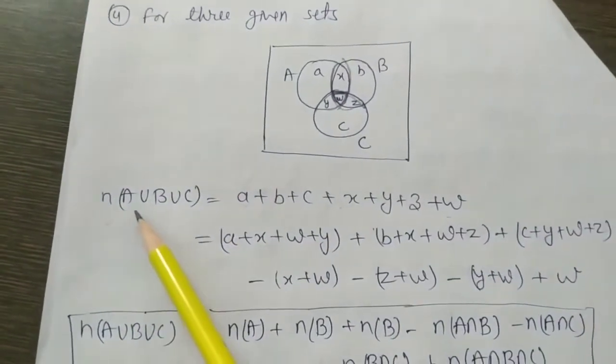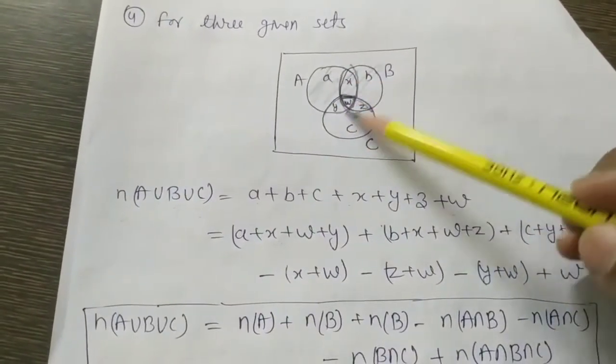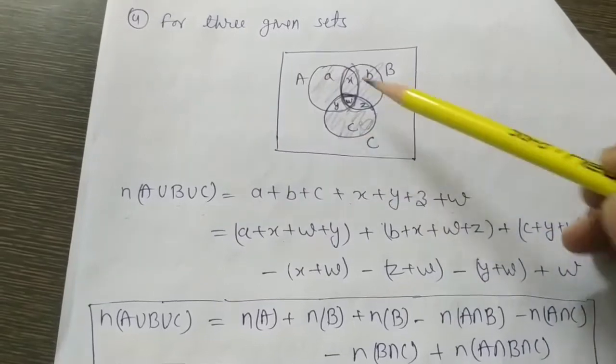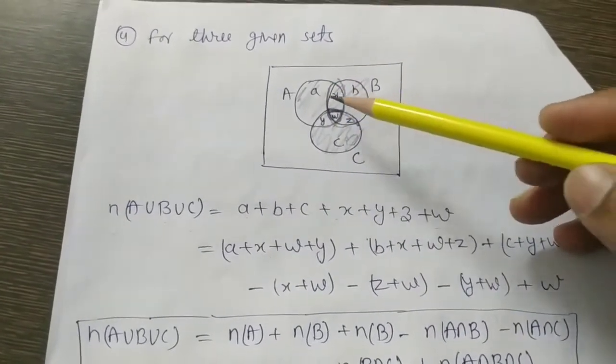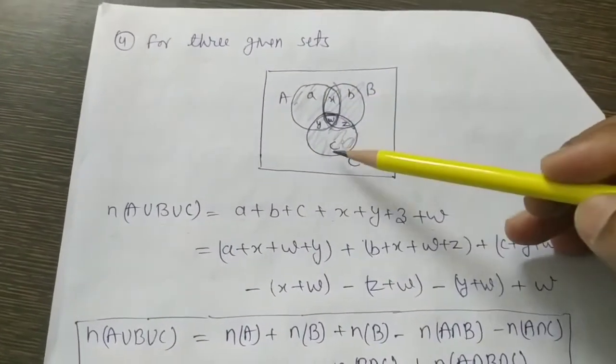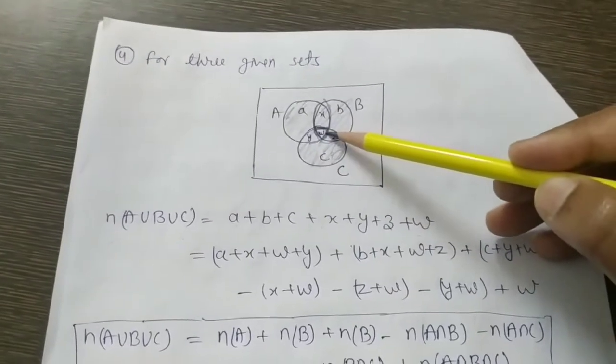Now number of element in A union B union C, it means this complete part. So how many number of elements are there? A plus B plus C plus X plus Y plus Z plus W.